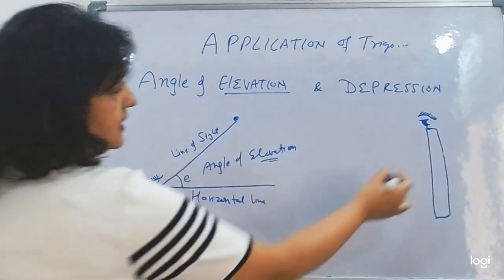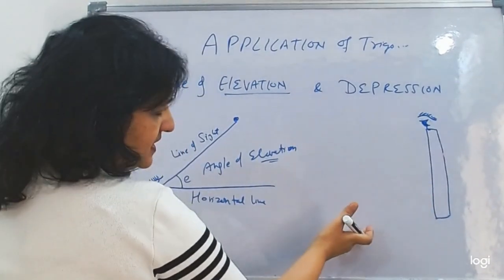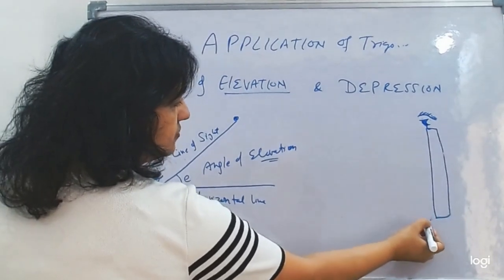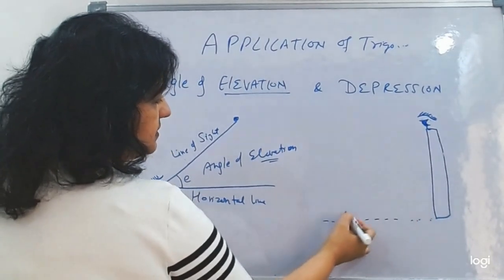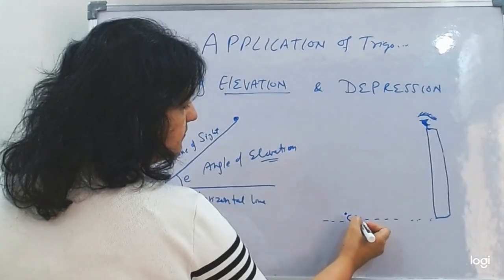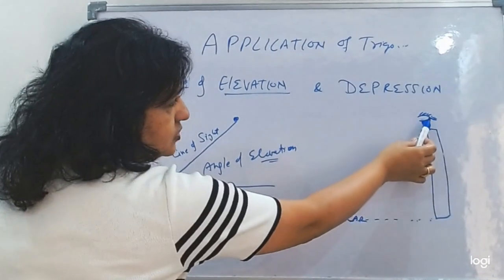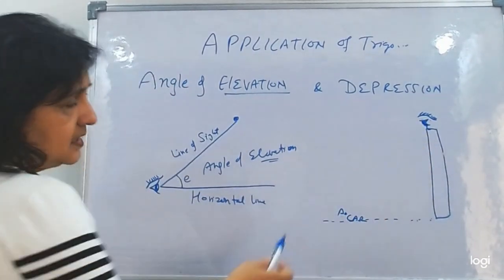Then these are the cars, or some kids are playing in the park, or this is the road, traffic is going. So let's say this is one of the cars, car A. Then this person is looking at this car.